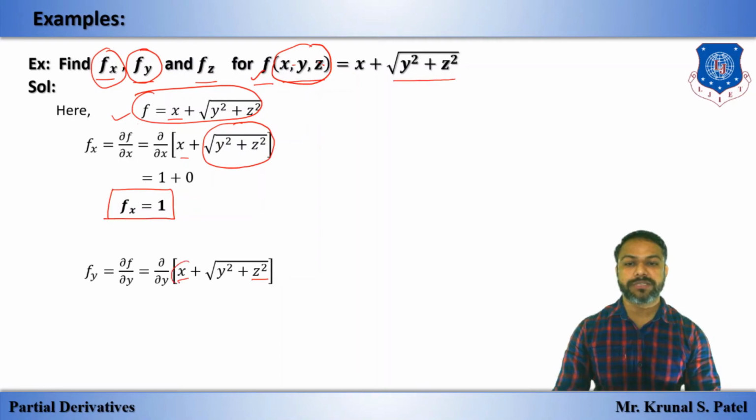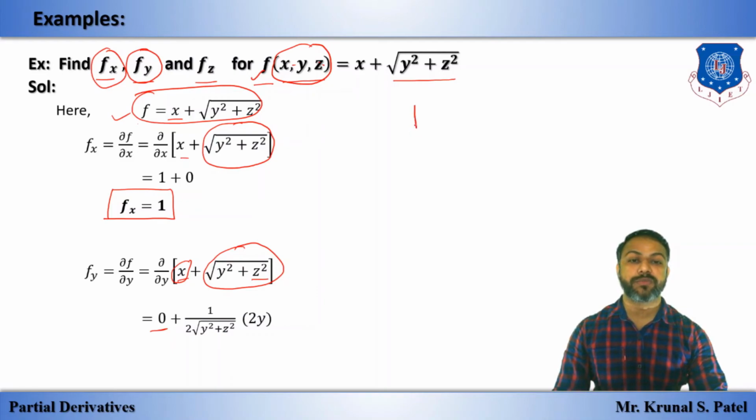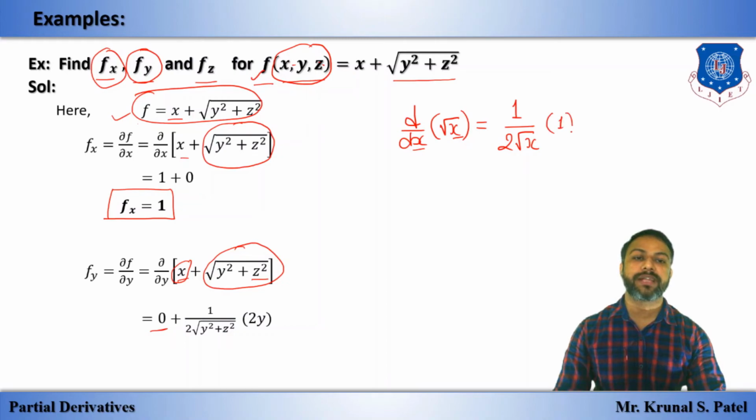So differentiation of x is 0 here, and for the differentiation of this term we will apply a formula. Which formula? d by dx of under root of x is 1 upon 2 under root of x, and differentiation of x with respect to x is 1, so no need to write it down.